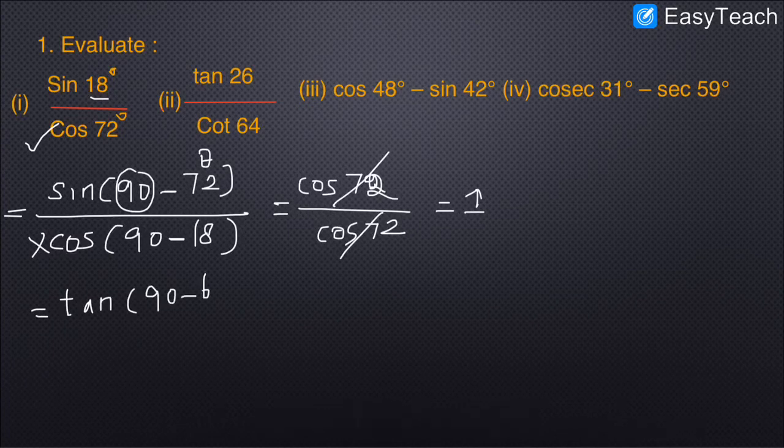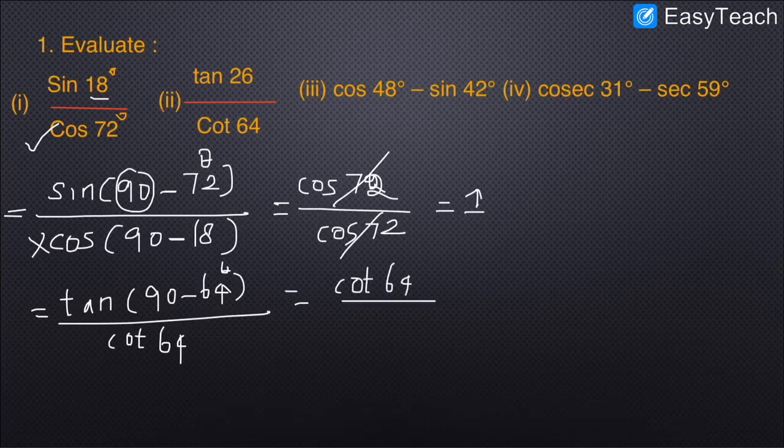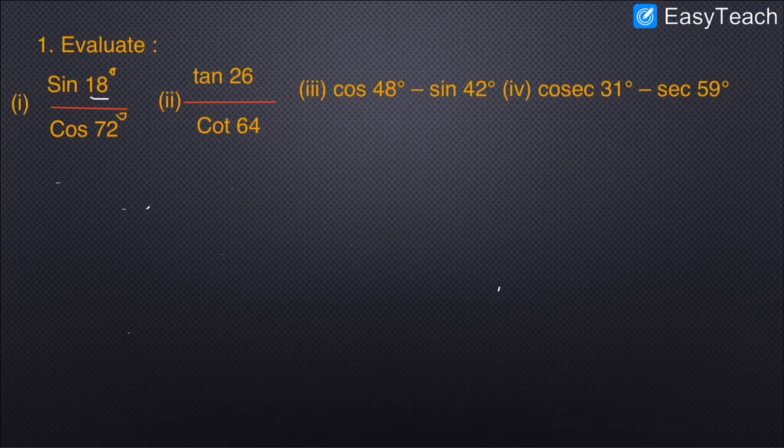Let's do the third one, cos 48. So I write cos 90 minus 42 minus sin 42. Cos 90 minus theta is sin theta, which is sin 42 minus sin 42, which is 0. I hope you are able to do the fourth one on your own using the same method.